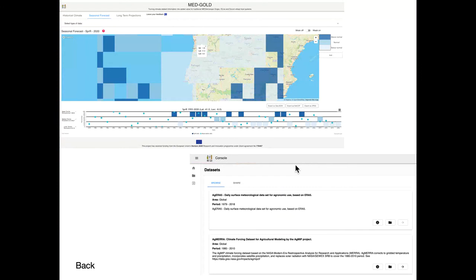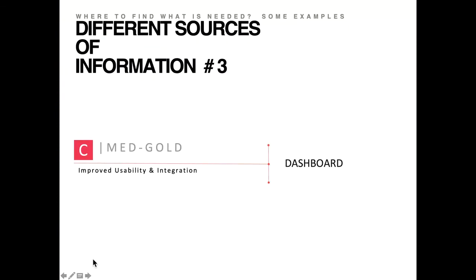In this case, you have typical information, but also specific indicators based on the specific knowledge coming from the end user side. And as I told you at the very beginning, this interaction could be very, very beneficial for the developing of a climate service.